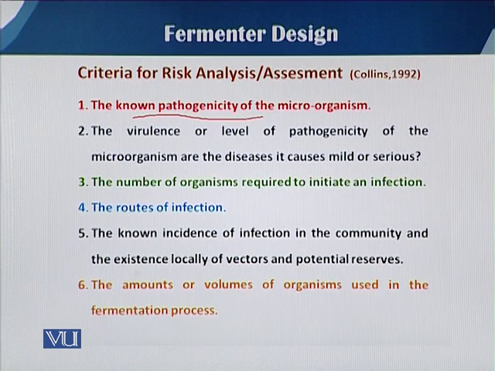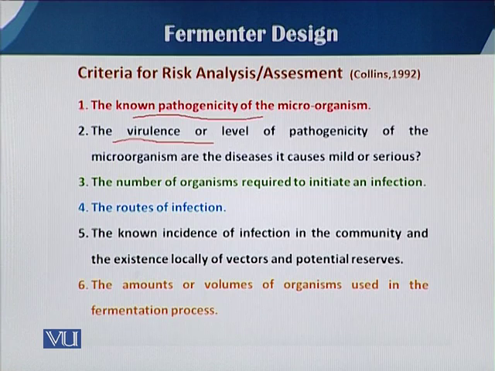As for the second criterion, if we know that our organism is a pathogen, we should know about the virulence, meaning the level of pathogenicity, whether the disease caused by that microorganism is mild or very serious. So first, whether the organism is a pathogen, and second, the level of pathogenicity.